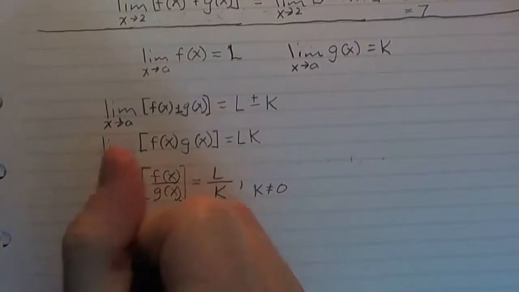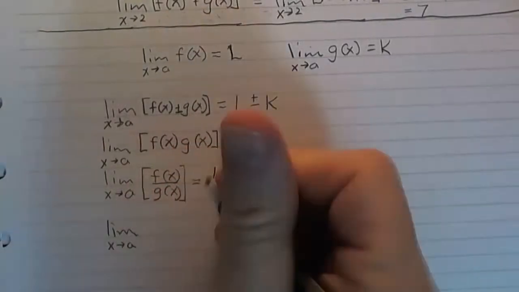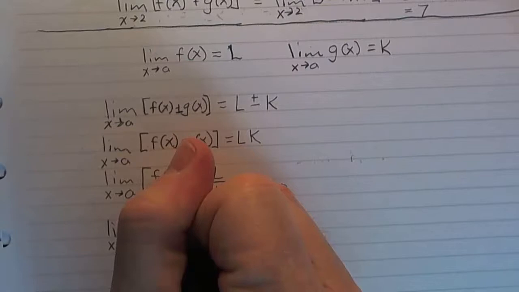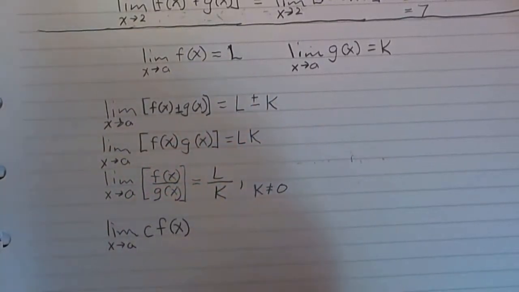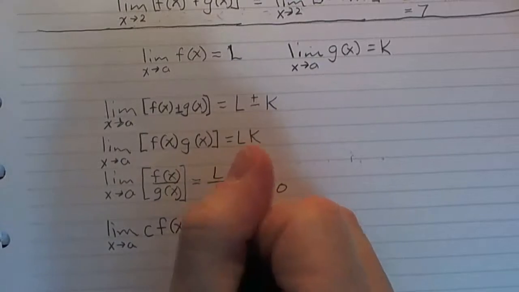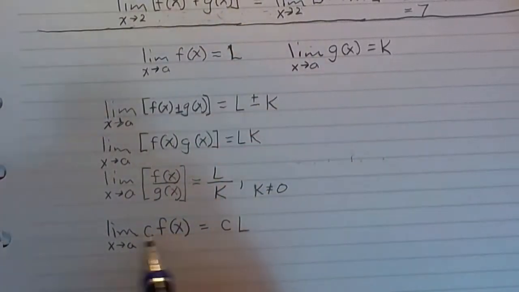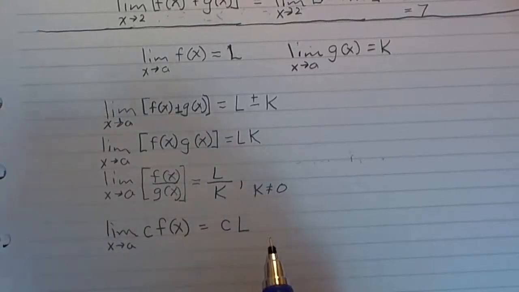Now, we also have situations where we have the limit as x goes to a of a constant times f of x. Well, that is just going to be the constant times L. In other words, the constant is just something that can be pulled out, and then you evaluate the limit.